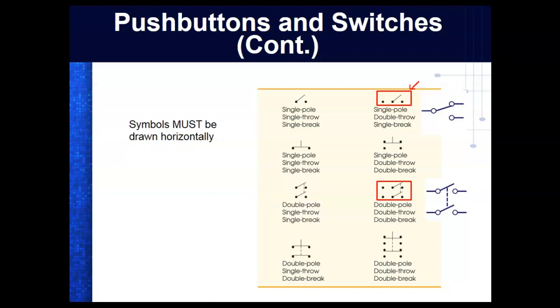The throws are the number of positions that a switch can be put in that actually controls a circuit, a current flow or signal flow. So this one right here is a single pole, single throw. It only has one switch controlled by an operator, and it only controls the flow in one circuit.